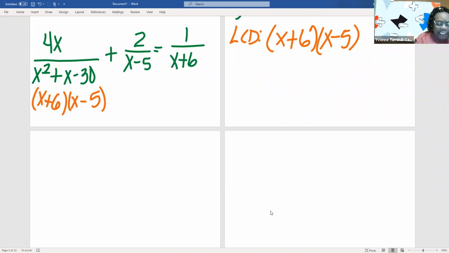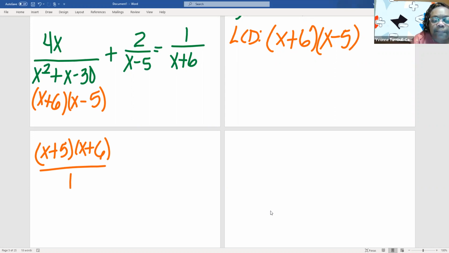So our LCD is x minus 5, x plus 6, and we have 3 terms, so we've got to write it 3 times. These problems can prove to be very lengthy.